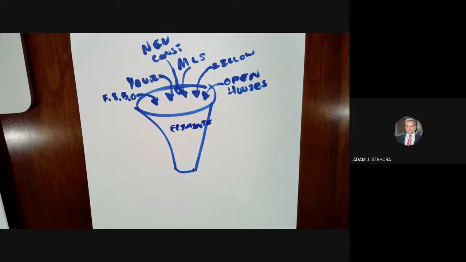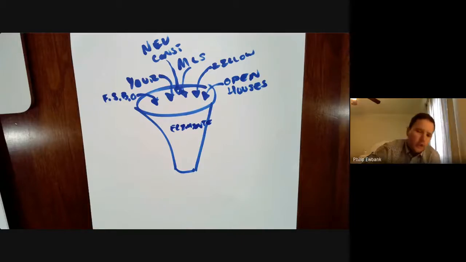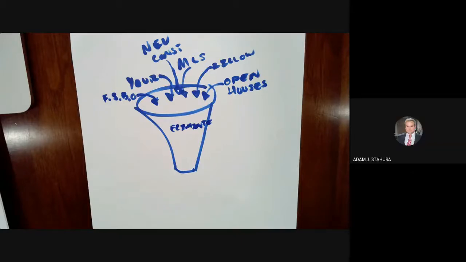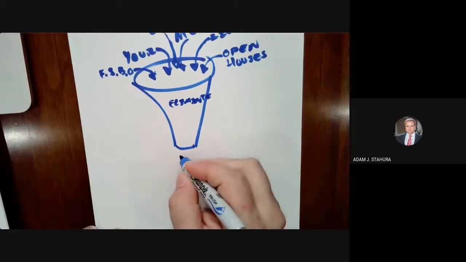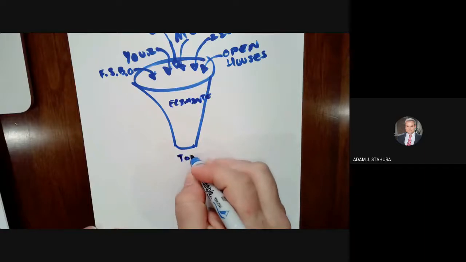And the whole thing is that you guys are in control of the decision and I'll be in control of the process. Fair enough? Yeah, that sounds fine. Great. Now as we start to eliminate these properties, we're going to start to get down to our top 3.